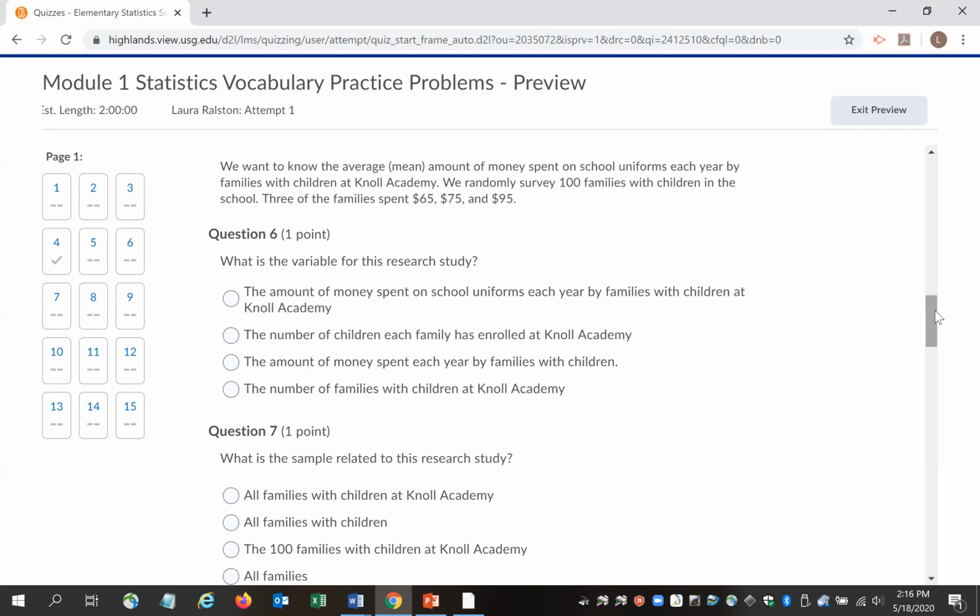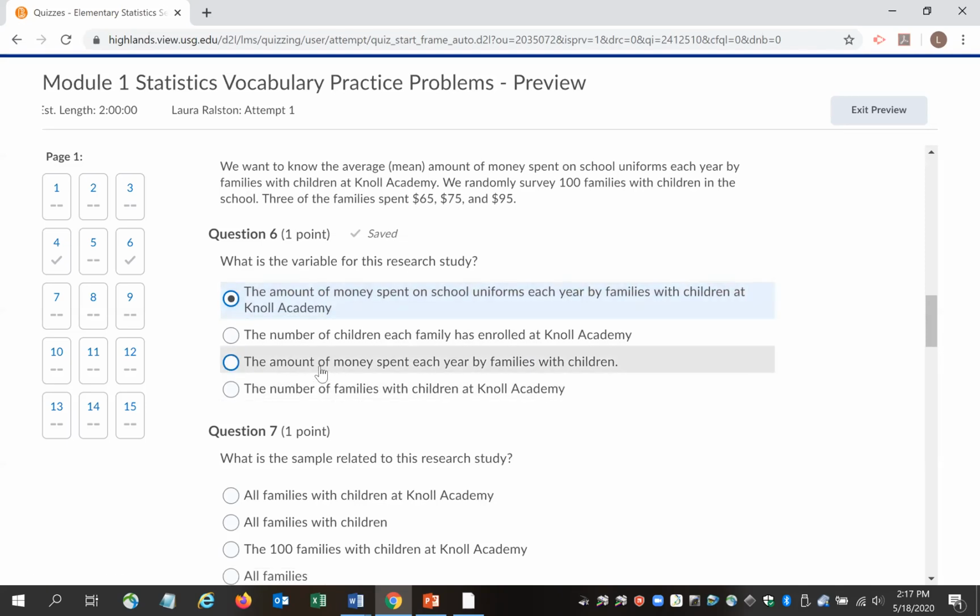Okay. The variable is, what's the first one? The first one is your first option, the amount of money spent on school uniforms each year by families with children at Knoll Academy. Yes. Okay. Someone mentioned they got it wrong.